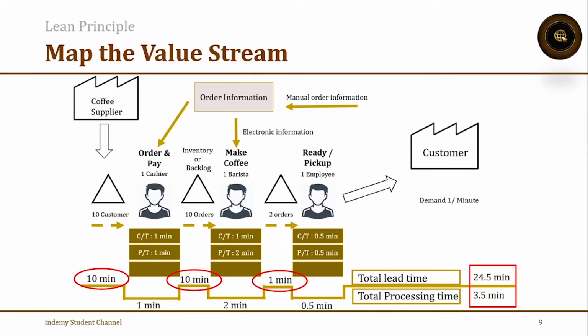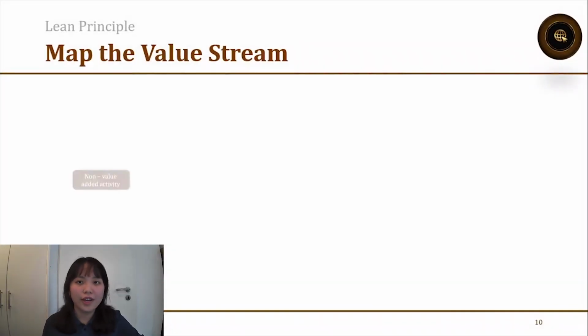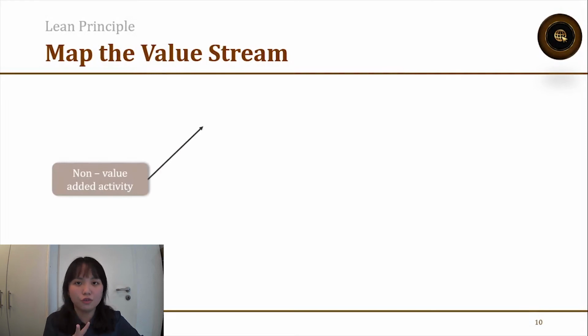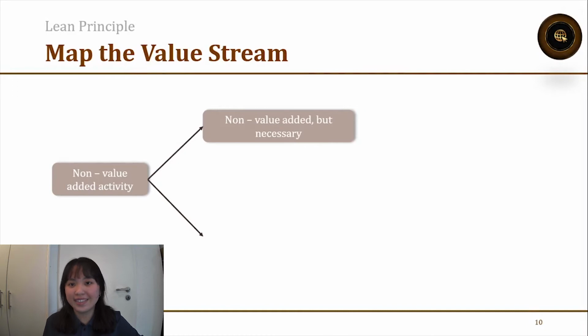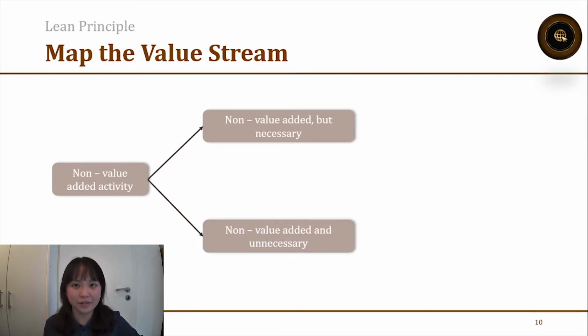It's categorized, of course, as non-value added activity. But non-value added activity are divided into two. It could be non-value added but necessary, or non-value added and unnecessary. The example for non-value added but necessary is inspecting the quality of a product to ensure that the company deliver good quality products.